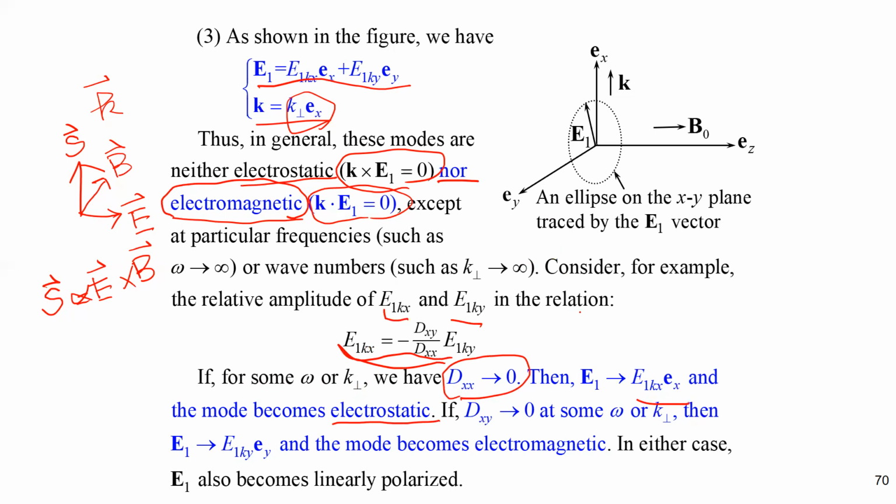Or another extreme, dxy equals 0 at some omega and k perpendicular. Then E1x component is 0, and the mode becomes electromagnetic, because the wave propagates in the x direction and the E field is in the y direction.